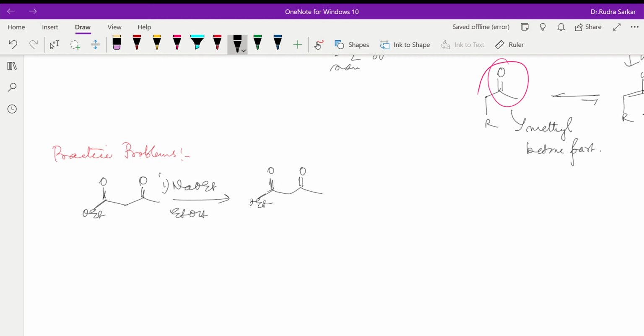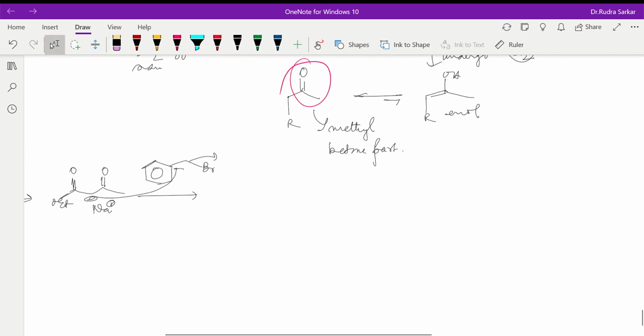So that is what forms, and you have reacted this with say benzyl bromide. Okay, attack will take place here, this will go away.